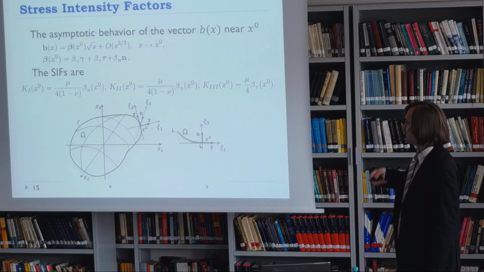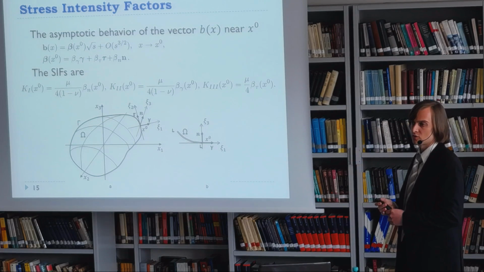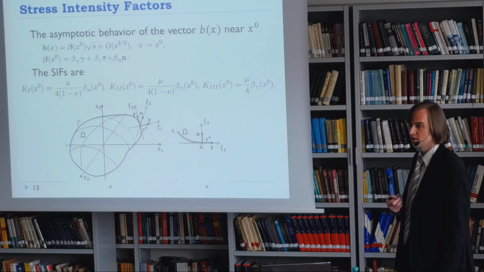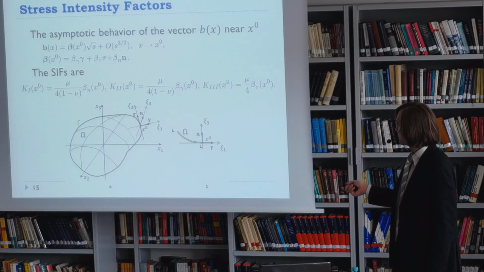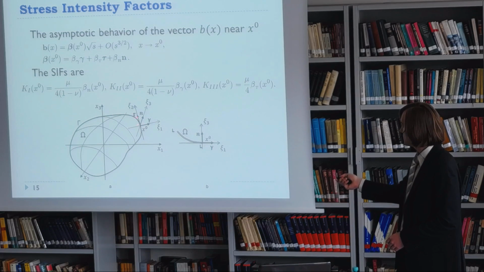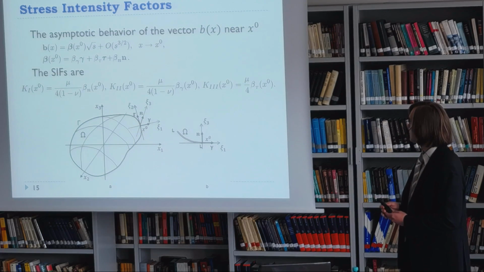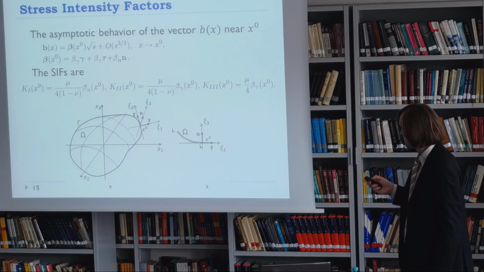So, in our case, we calculate it from the asymptotic behavior of the vector of the crack opening near the crack edge, along some normal to some point x0 at the crack edge. So it's basically calculated from the crack opening in a straightforward way.